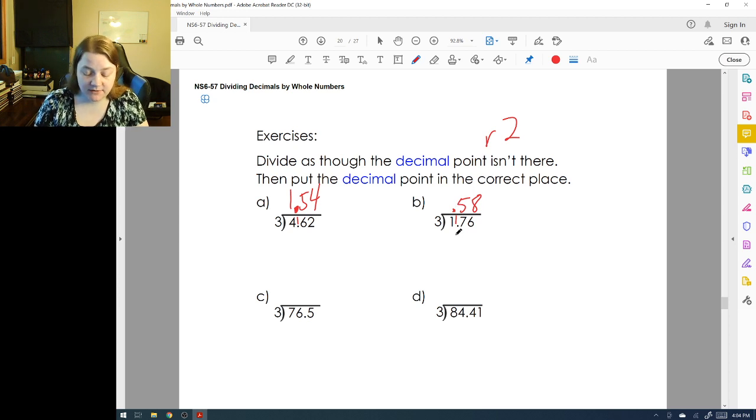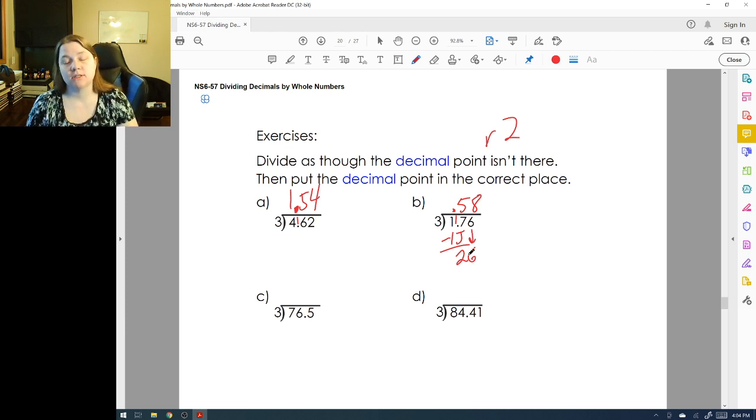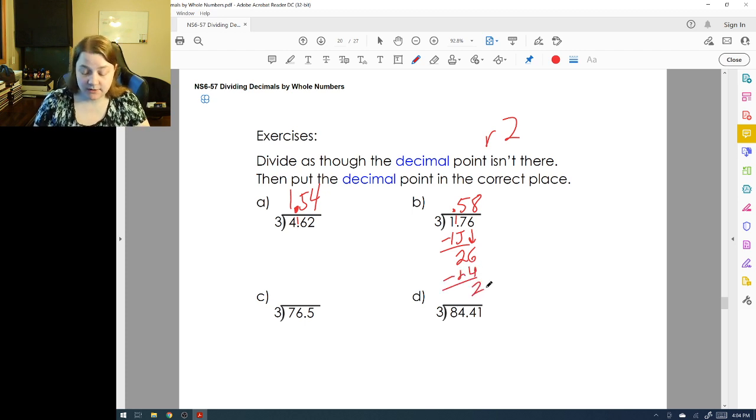3 goes into 3 times 5 is 15. We're going to subtract here, and we're going to end up with 2 left over. Bring down the 6. 3 goes into 26 8 times. 3 times 8 is 24. That's going to leave us with 2 left over.